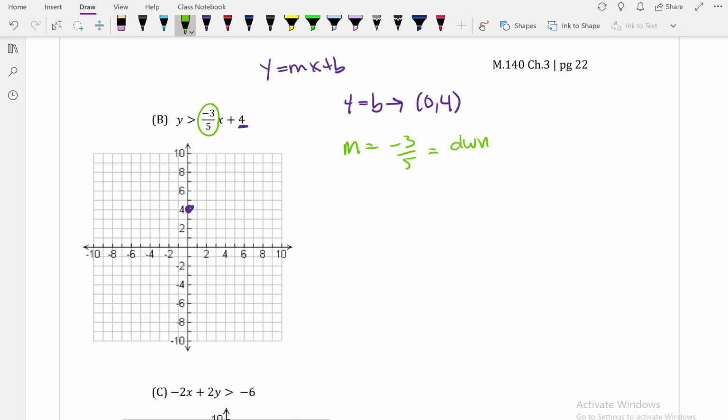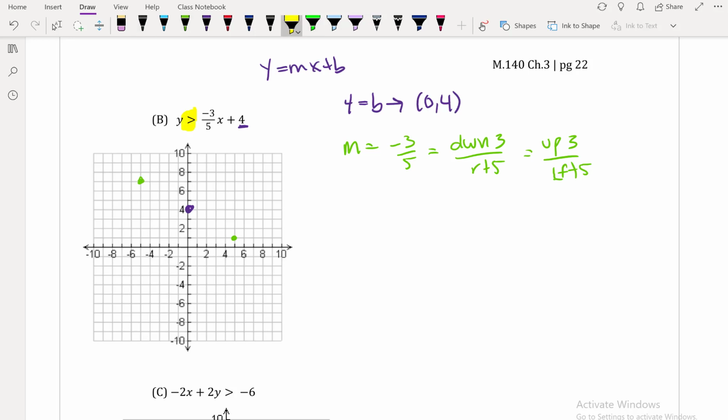That tells me down 3 to the right 5, or I can go up 3 to the left 5. So according to my slope, go down 3 and over 5, or from my original point, go up 3 and to the left 5. And that would be my line.